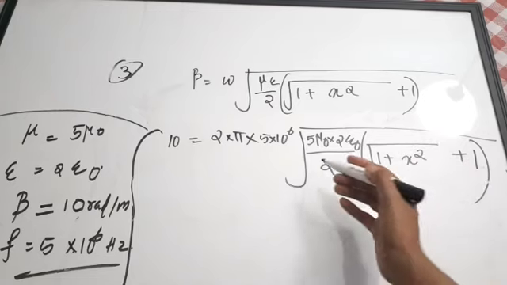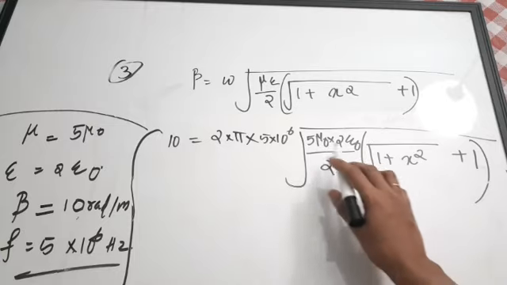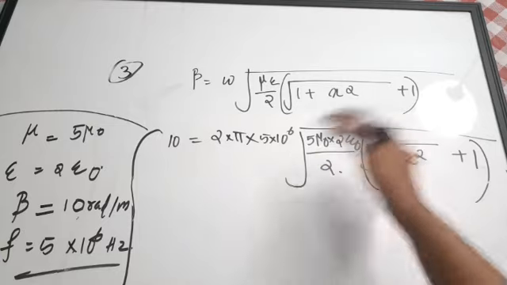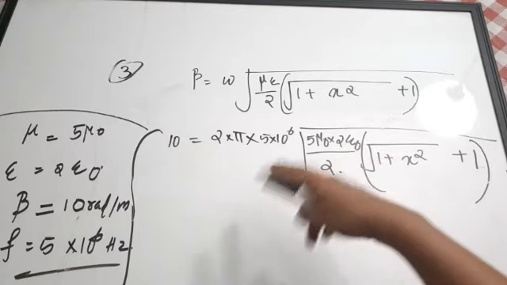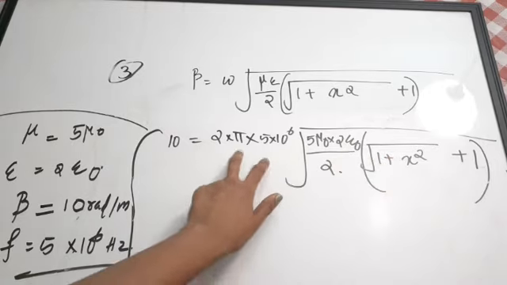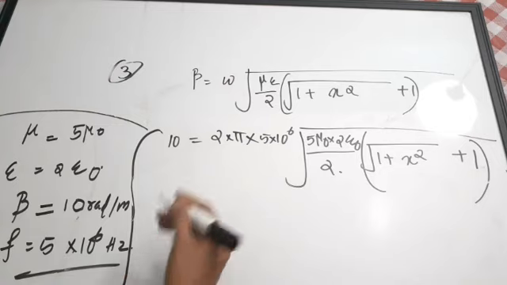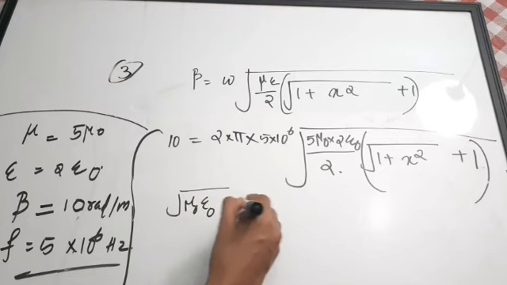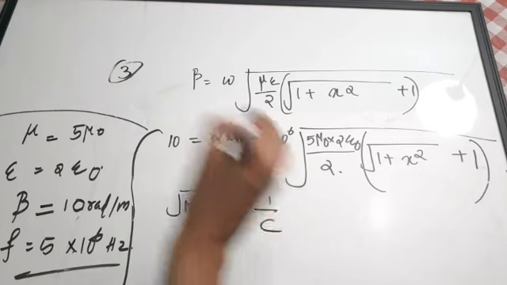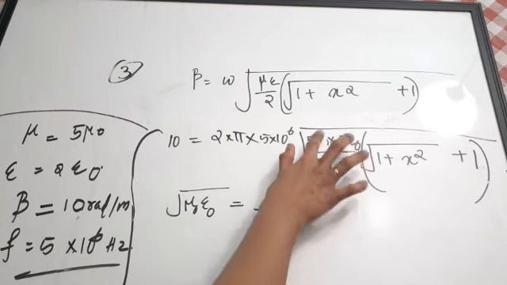Now, I'm going to take the square root of mu 0 epsilon 0 and write that in terms of c, because you know square root of mu 0 epsilon 0 is equal to 1 by c.